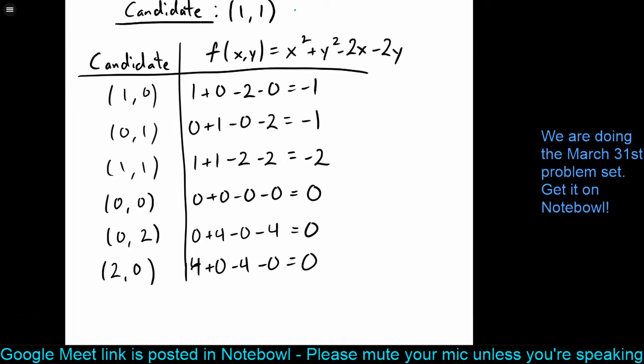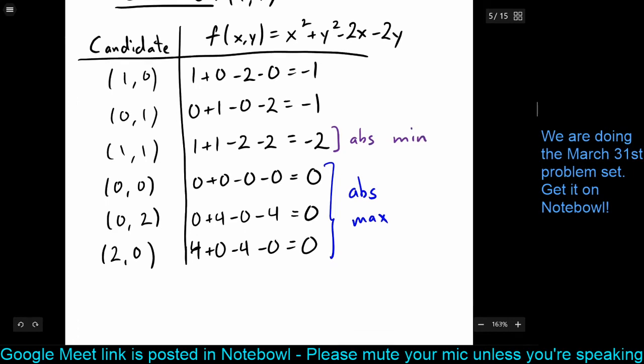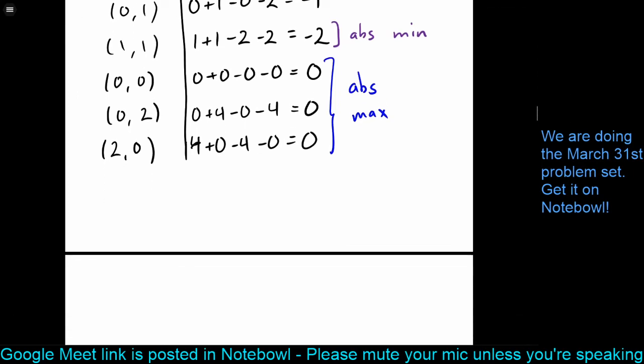So there's something quite interesting that goes on here, which is that all three of these are the absolute max. And this, actually let me use a different color here. This one here is the absolute min. So let's phrase the answer like this.